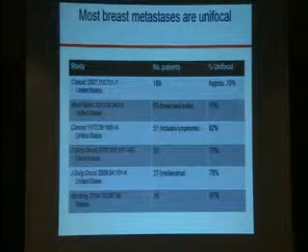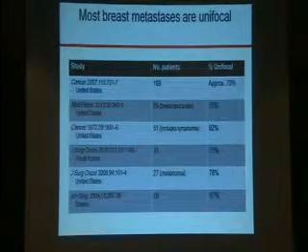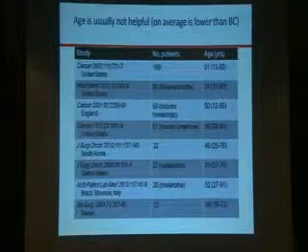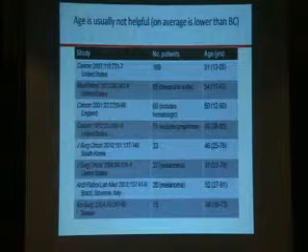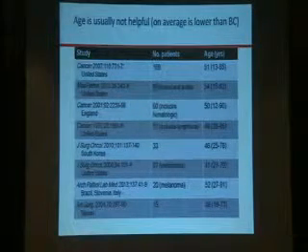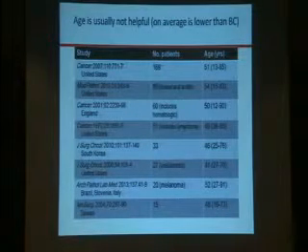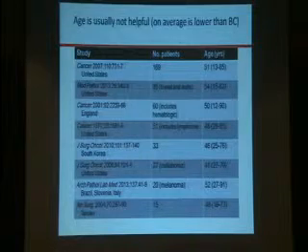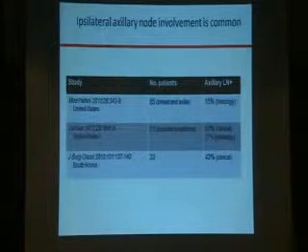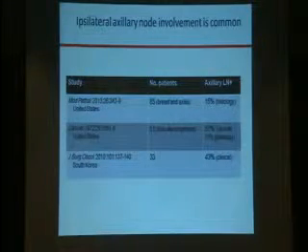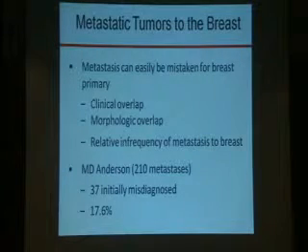Yes, if you have a multifocal lesion, it raises your suspicion, but in general, most breast metastases are unifocal. And similarly, age is not a dependable marker, even though on average the age is lower in metastatic carcinomas than primary breast, but you cannot use this as a marker. Again, ipsilateral lymph node involvement could be seen in metastases. Again, it's not a final thing.